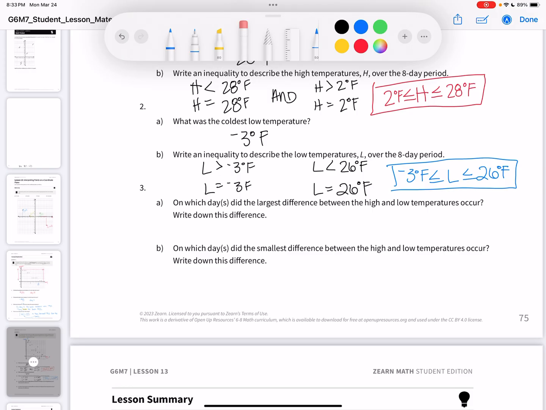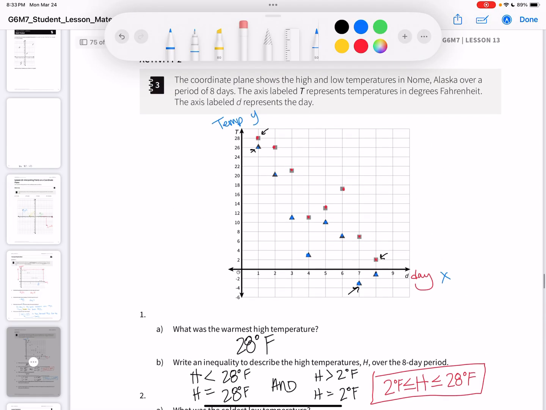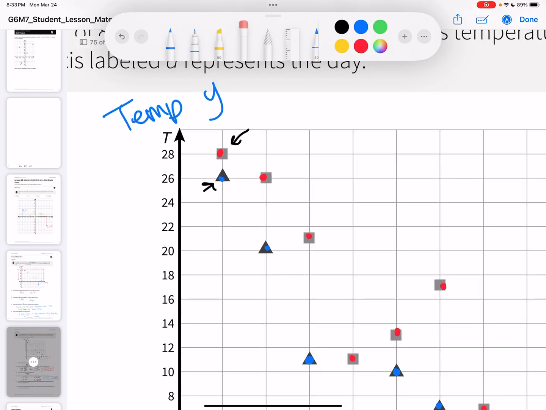All right, let's look at 3. On which day or days did the largest difference between the high and low temperature occur? Write down this difference. Well, we're going to have to go up here and look at how much space is in between each dot. So here we go. That was from 28 to 26. That's 2 degrees.